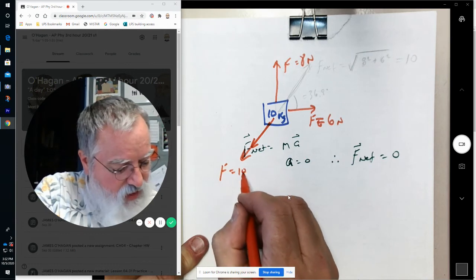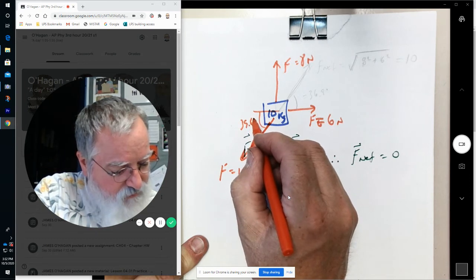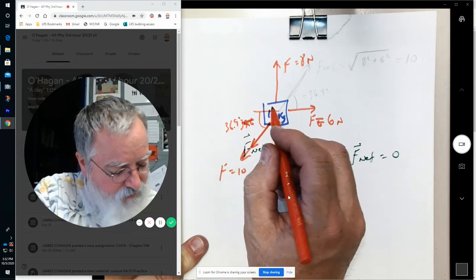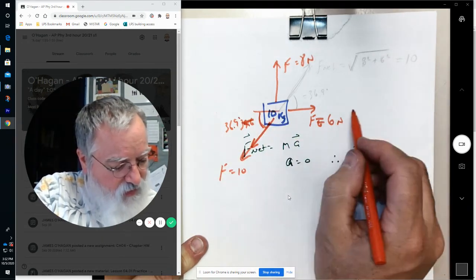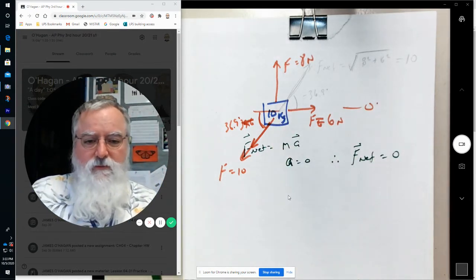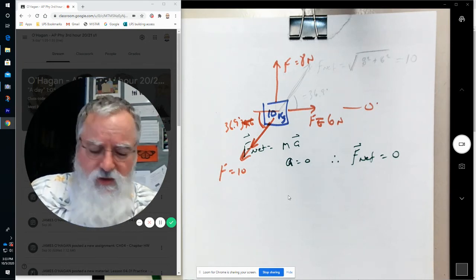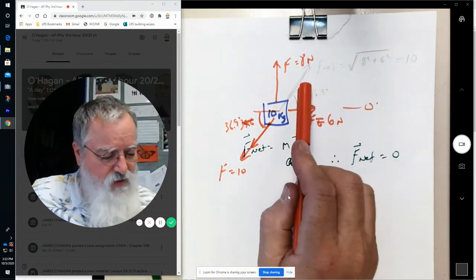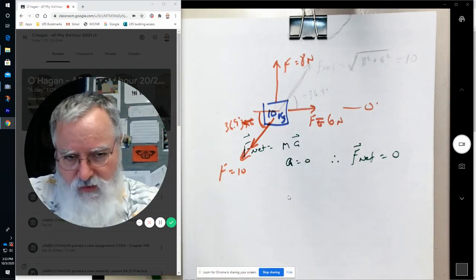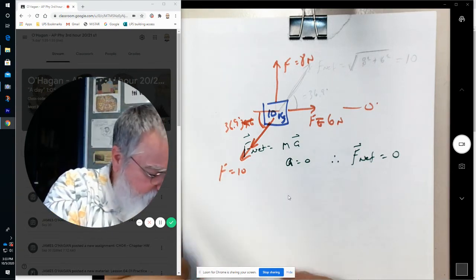The force must be 10, and it is at an angle of 36.9 degrees, and that is down from here. If I say this is 0 degrees, it's 36.9 plus 180. So the other way you can come up with a net force is by doing vector addition. Here, I added those two vectors to come up with the resultant, and what did I have to add to that resultant to wipe the whole thing out? All right. So that's forces in a nutshell and force balancing.